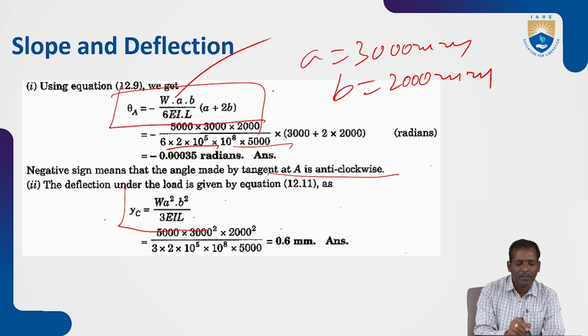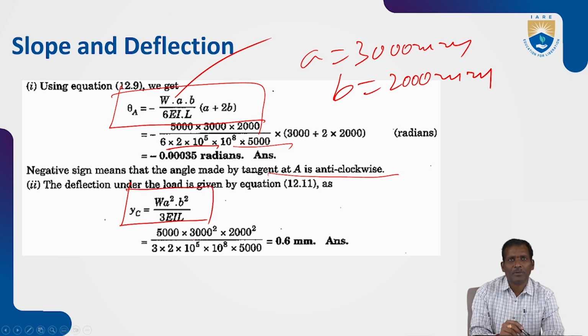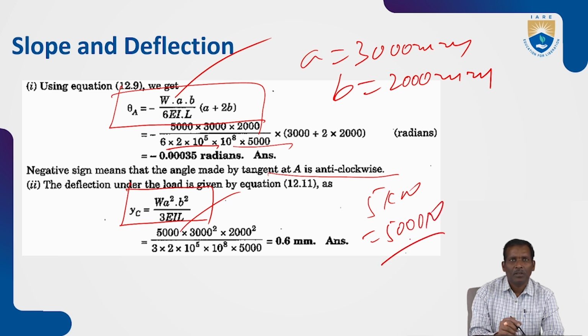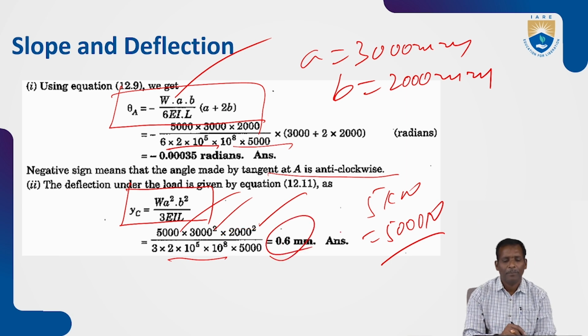What is the deflection? YC is W A square B square by 3EI L. So W is equal to 5000, the 5 kilonewtons converted into newtons, into the A value and B value, and EI and L. So we will get 0.6 mm.